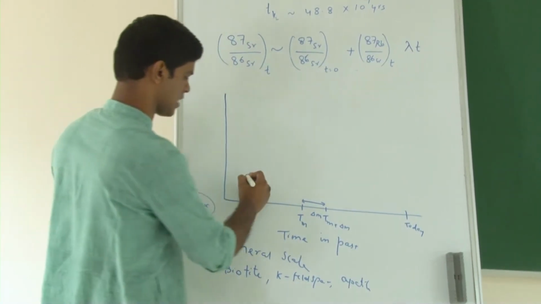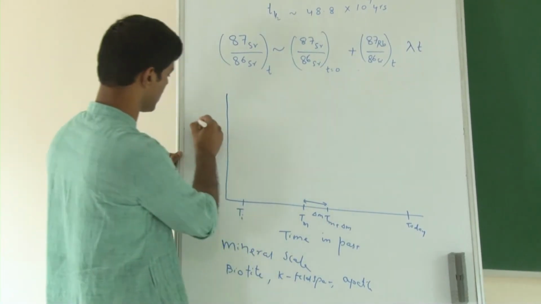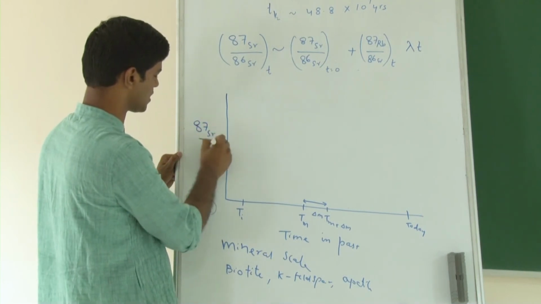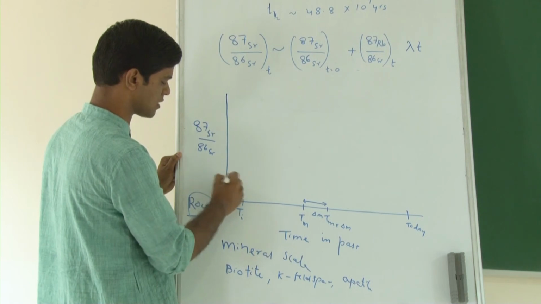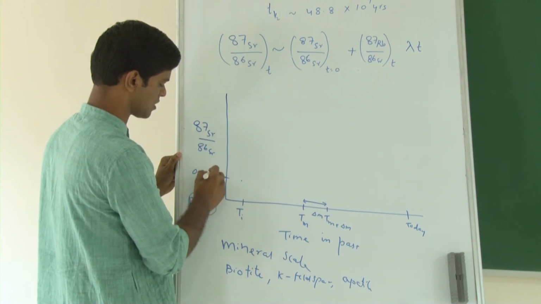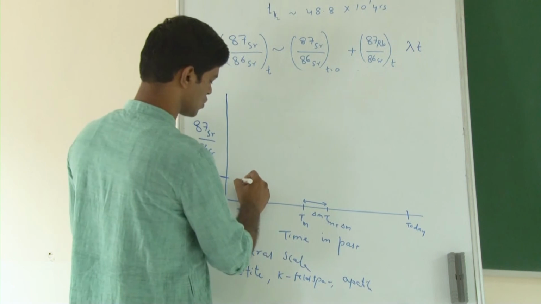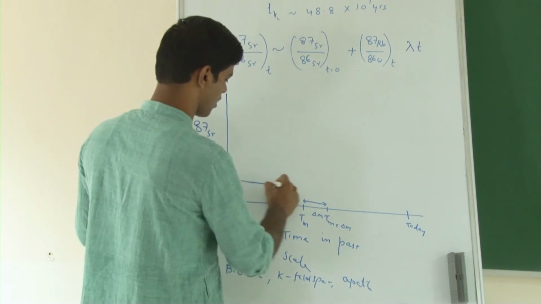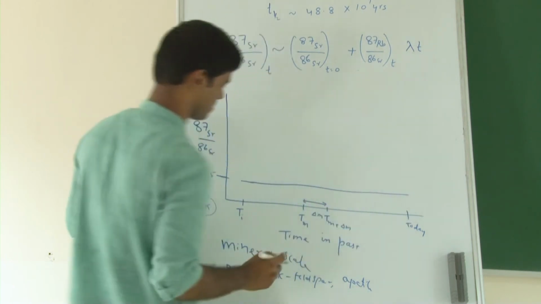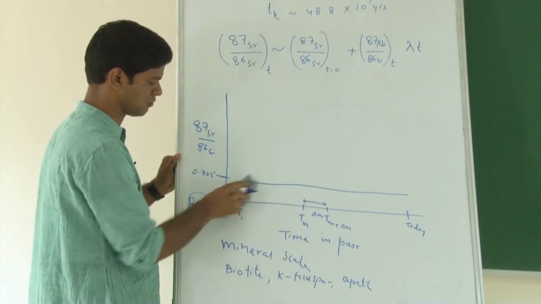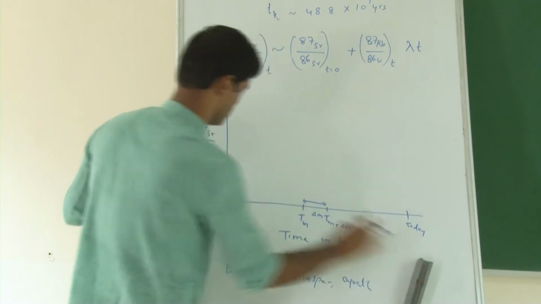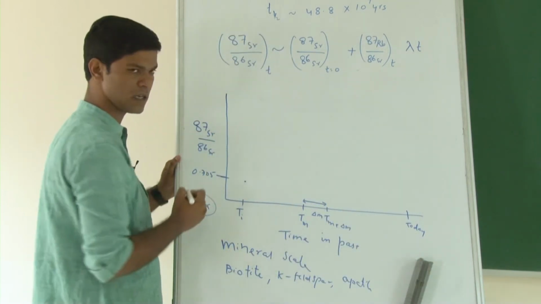If that is the case, let us say this is 87 strontium by 86 strontium at t = 0, let us say there is a strontium ratio, say 0.705 or some number. So, this is the starting point.